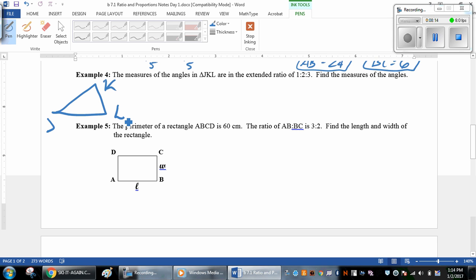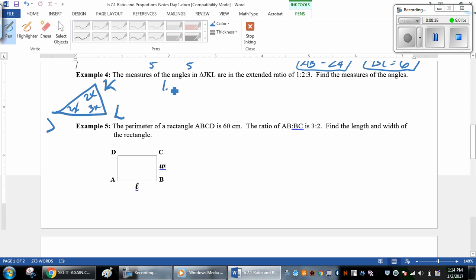The angle itself isn't 1 degree or 2 degrees or 3 degrees. It's 1 times some value, which I'm going to say is x. So that's 1x, that's 2x, and that's 3x. Okay? So now, what I do know about a triangle is that all the angles add up to 180 degrees. So again, all I'm doing is looking to see how I can make an equation.